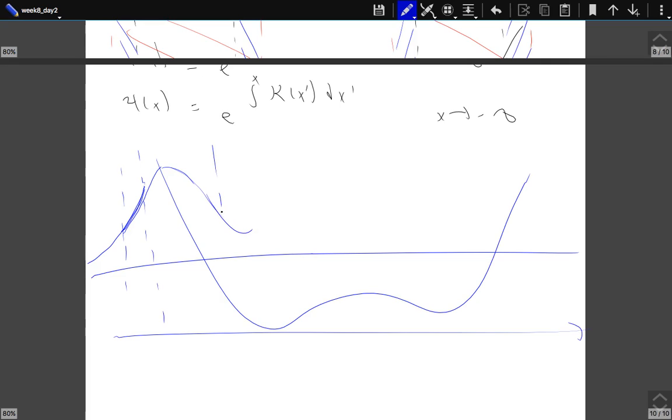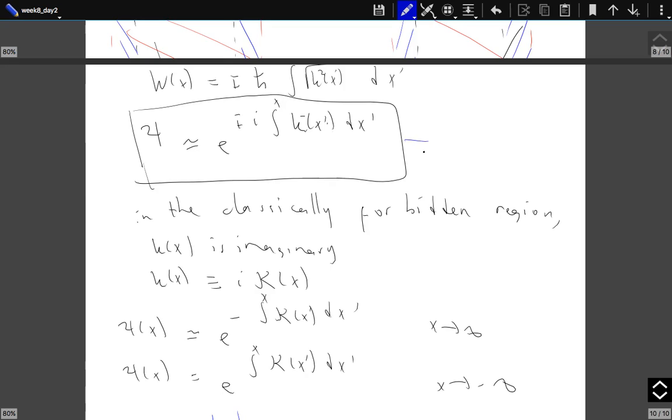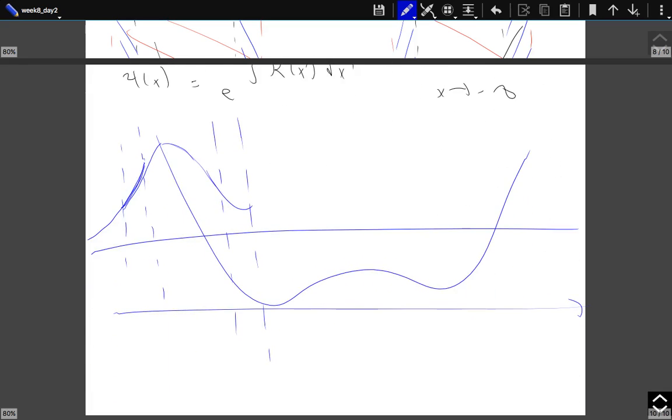Now I will assume that in this region, I can approximate it both by Airy functions and also at the same time by this exponential. That exponential will be some oscillating function. So my solution will just go down. It will start to oscillate.